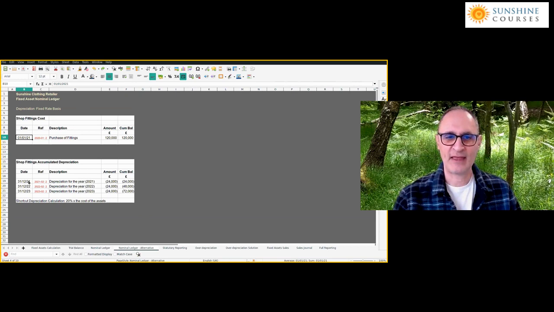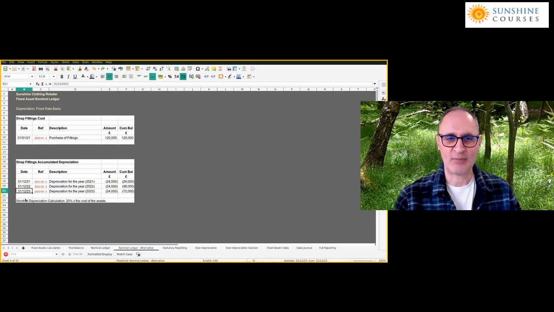Then at the end of the first year, instead of putting the depreciation through to the shop fittings cost account, we put it through to the shop fittings accumulated depreciation account. Same thing in the second year, same thing in the third year.